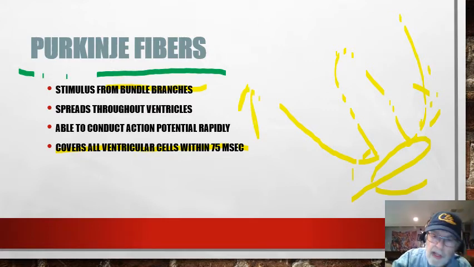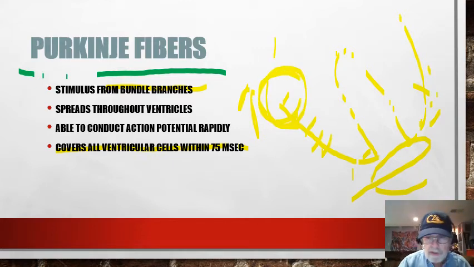So we have the apex contracting a little bit before the part of the ventricle up here, which is good. Why? Because those great vessels are on the top of the heart at the base. So if I contract from the bottom up, I'm actually pushing the blood from the bottom up, which is the direction it has to go. Absolutely perfect. So that's what works out with that. That's why the heart does what it's supposed to do.